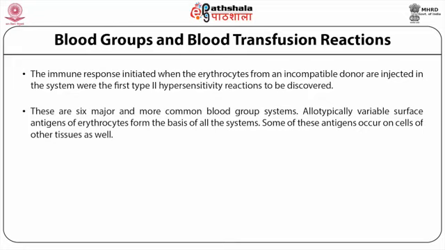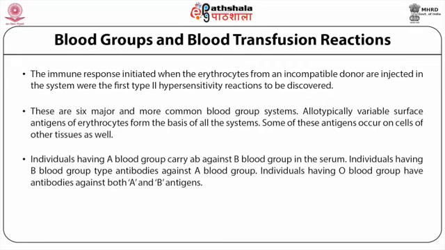Within each system, we have phenotypic variants. In the ABO system, the 4 phenotypic variants are A, B, AB, O. As we know, these represent the possible blood types. Let us again look at what really happens here.